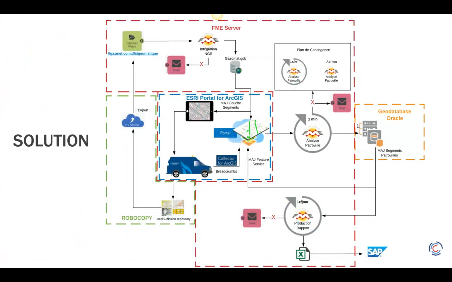So the structure of the solution looks like this. There's multiple components, and FME plays actually several roles here. Here we have a little graphic of their vehicle and what it looks like. They're using a gas leak detection device that has its own data collection process that I'll talk about in a minute.